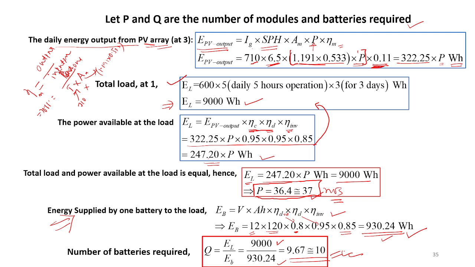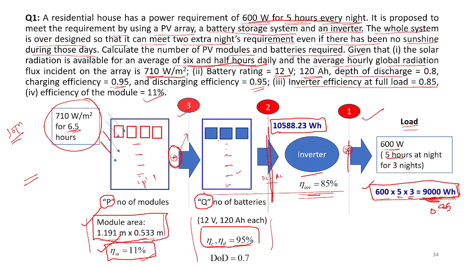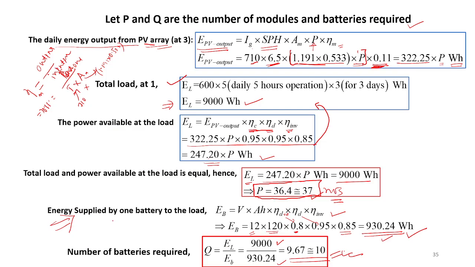Now we have calculated the number of modules. Next we have to get the number of batteries needed. So this much generated energy needs to be stored in these Q number of batteries. If you talk about each battery, the energy supplied by one battery to the load we can calculate. We know the rated voltage and current, and we know the depth of discharge and charging and discharging efficiency.